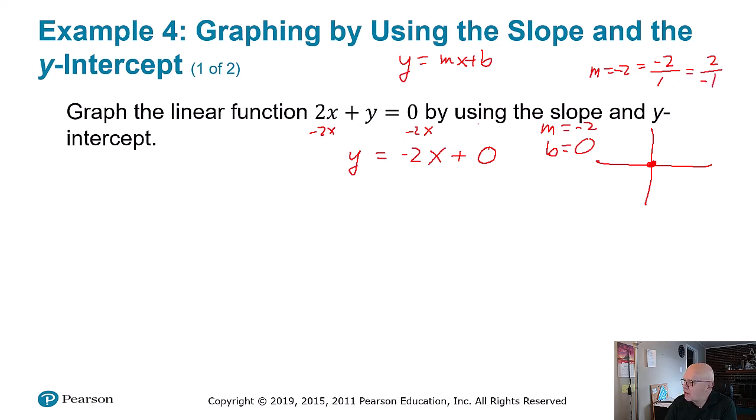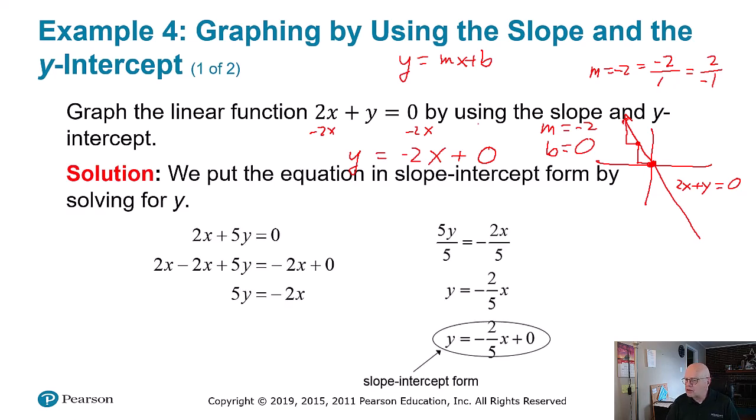So start from the point you do already have in the middle here. Go -1 in x, +2 in y. Connect those with a straight line, and you've got your graph, which will be the graph of 2x plus y equals 0. It's that easy, really. Get a little bit of practice, you'll become a pro.